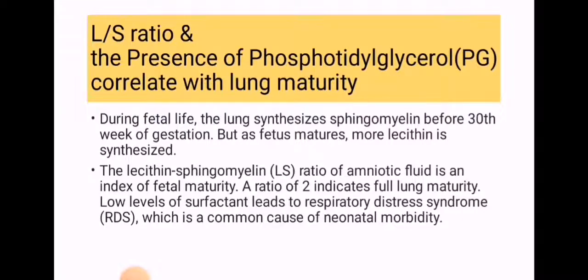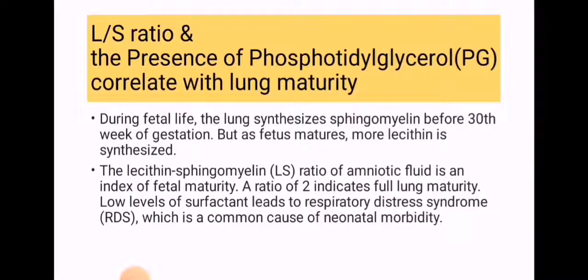What is the clinical relevance of lecithin and sphingomyelin? The LS ratio, that is the lecithin to sphingomyelin ratio, and the presence of phosphatidylglycerol (PG) correlate with lung maturity. During fetal life, the lung synthesizes sphingomyelin before the 30th week of gestation. But as the fetus matures, after the 30th week of gestation, more and more lecithin is produced.